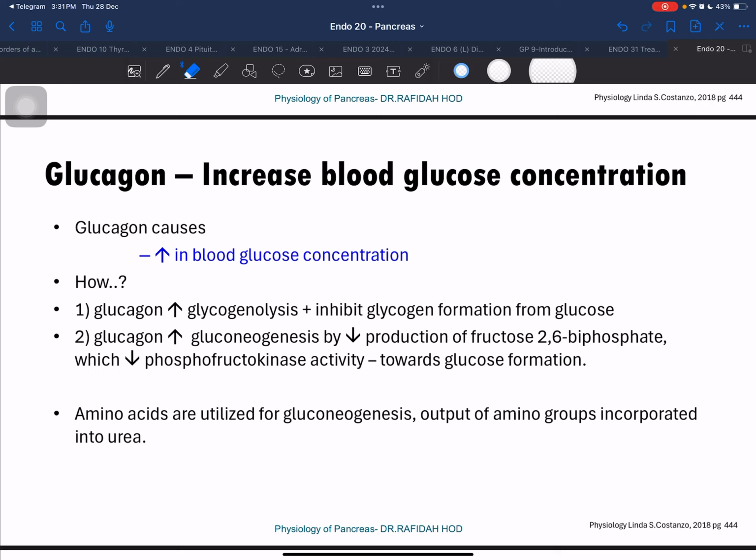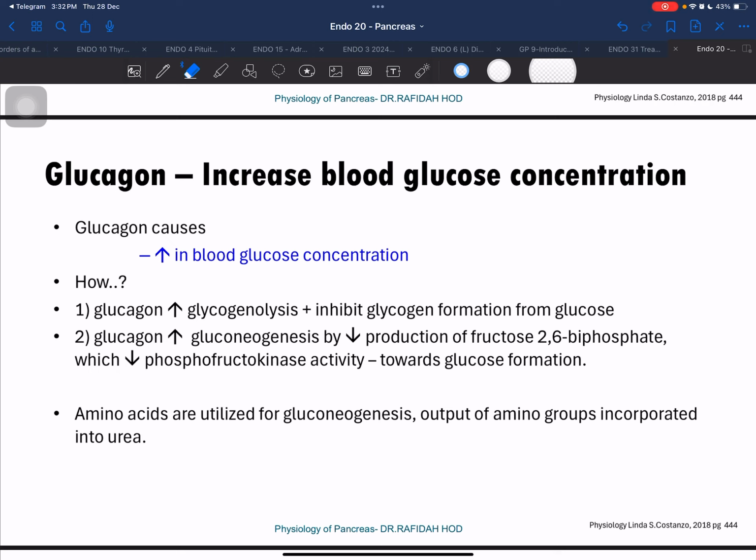For insulin, dia akan away from glucose formation, tapi for glucagon, dia akan towards glucose formation sebab memang objektif dia adalah to increase blood glucose concentration. So amino acids, they are being used for gluconeogenesis, and the output of this amino groups ni dia akan masuk dalam urea.